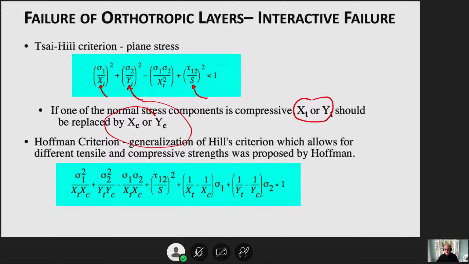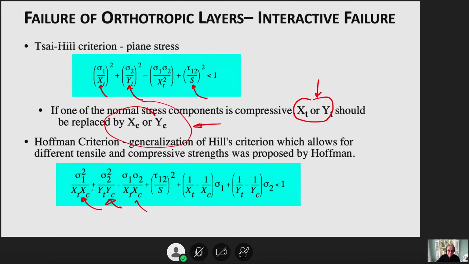The Hoffman, which is the really interactive quadratic criterion, has both XT and XC together. So you don't have to worry about the sign of the sigma 1, sigma 2, and tau 12. And they choose either this or this to implement a failure criterion.